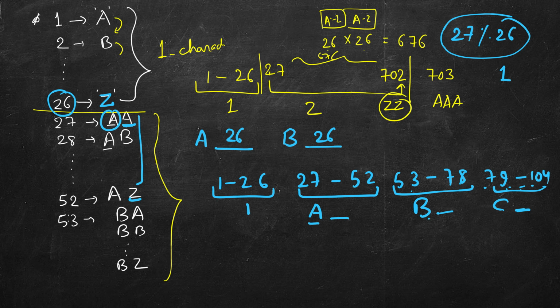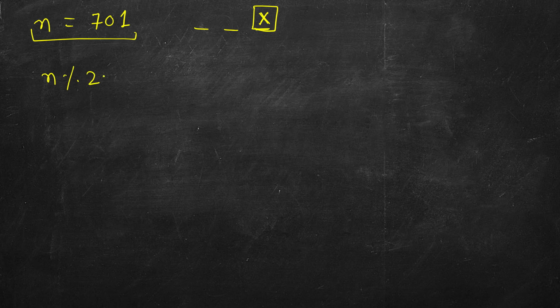So what's the formula for the last character at least? We have a given number. Let's say we are solving for 701. We don't know how many characters there are, but we can straight away conclude about the last character: let's take n modulo 26.